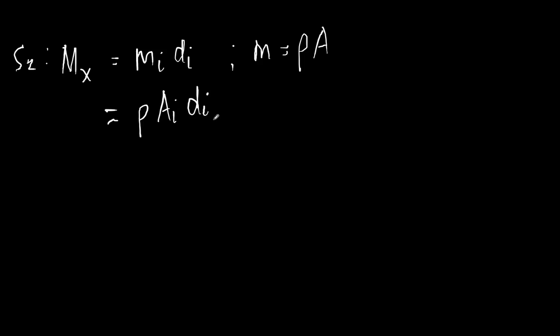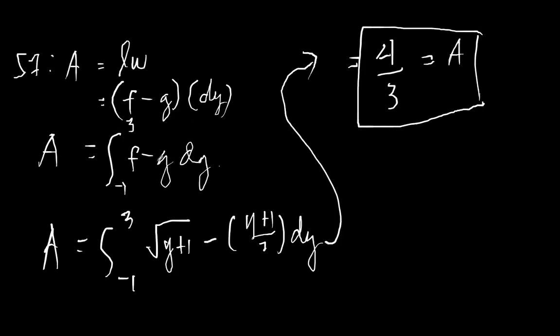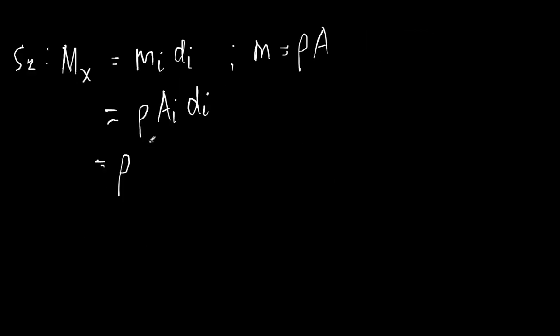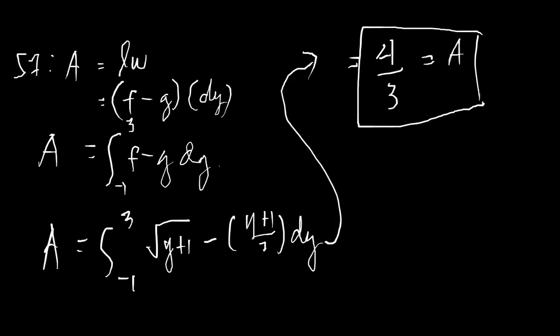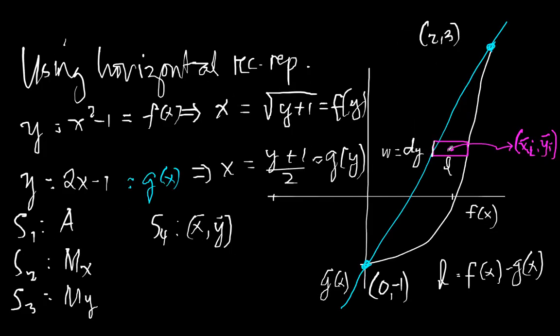It could be the y or the x, it depends. And how to find the area? We have already found it, and that's f minus g. So we're just going to copy that: f minus g times delta y times the d sub i.